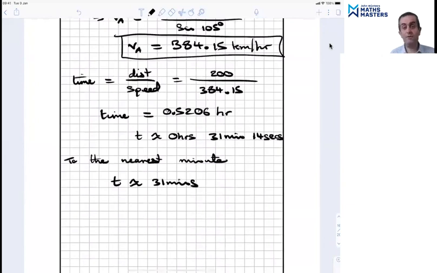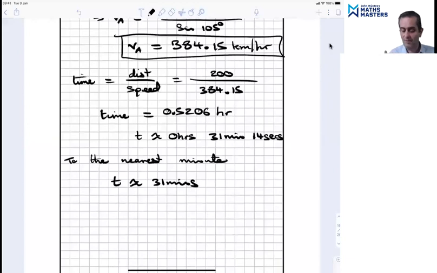Okay, just be careful with the 14 seconds. Remember, normally we round down if it's smaller than 5 and round up if it's 5 or bigger. But there are 60 seconds in a minute. So you round down if it's less than 30 seconds and you round up if it's 30 seconds or more. But to the nearest minute, it's going to take 31 minutes to travel this journey.